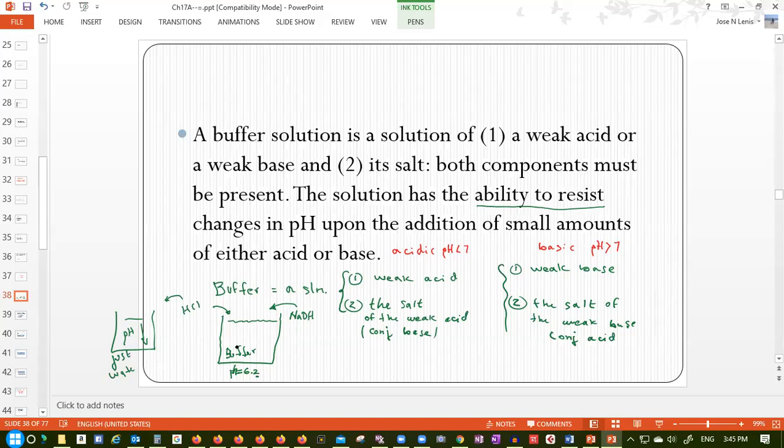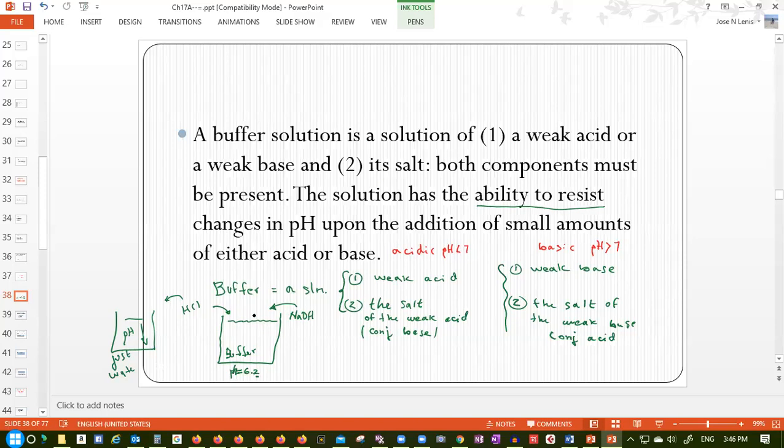Luckily, again, you had a buffer, and that buffer has the ability to resist pH changes. So it will make adjustments by itself to keep the pH, upon the addition of small amounts of acids or bases. Small amounts, that's key also. You will not tolerate addition of any amount, again, only small amounts.